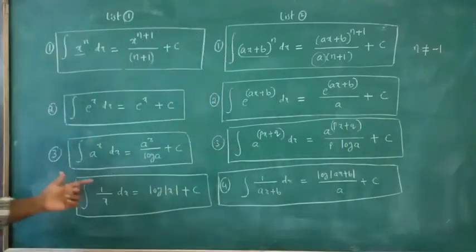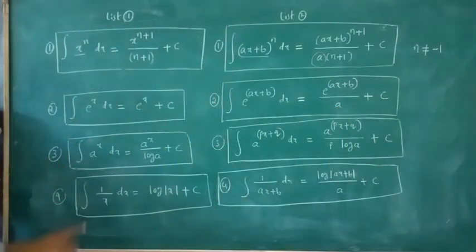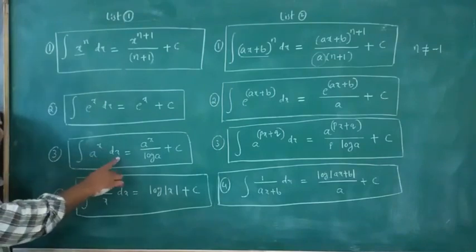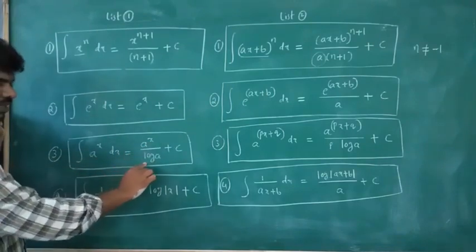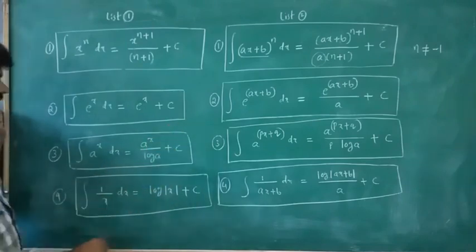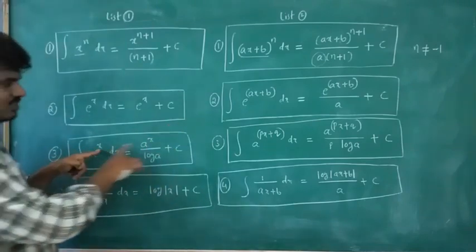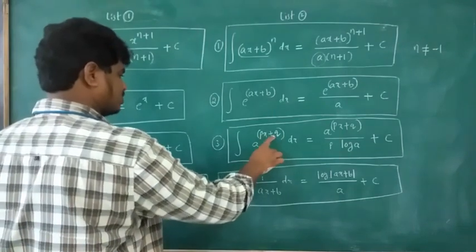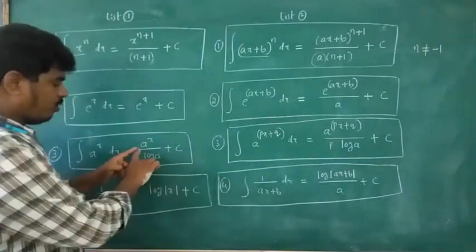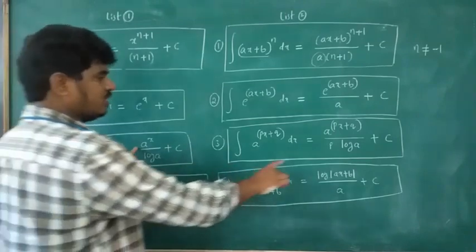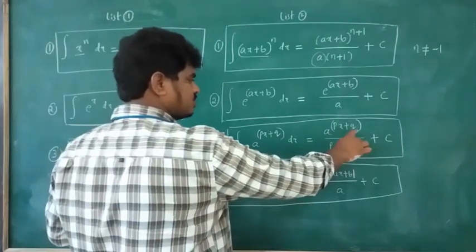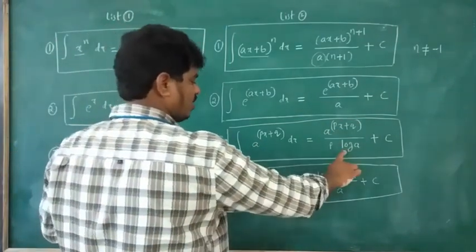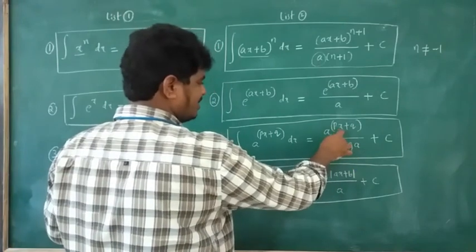Next, third one, what is the integral of a to the power of x dx? a to the power of x divided by log a plus c. Here, in the place of x, we are having px plus q. So a to the power of x by log a means a to the power of px plus q divided by log a, but the coefficient of x, p, comes in the denominator.